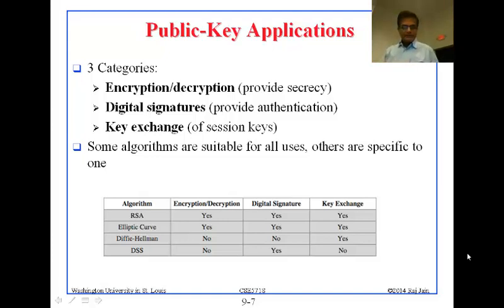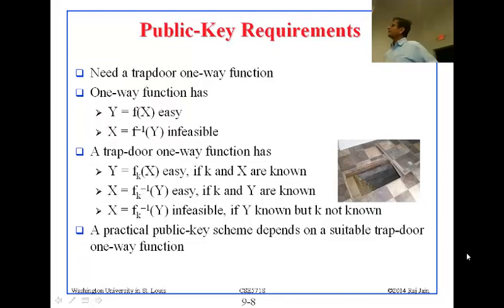All right. So public key requirements. So Diffie and Hellman came up with this idea, and they said what we need is a trapdoor one-way function. This is a trapdoor one-way. Trapdoor. Nobody can figure out that there is a door there, but there is a door, and then once you get in, you can't get out kind of thing. It's a trapdoor, like a mouse trap or whatever, right?